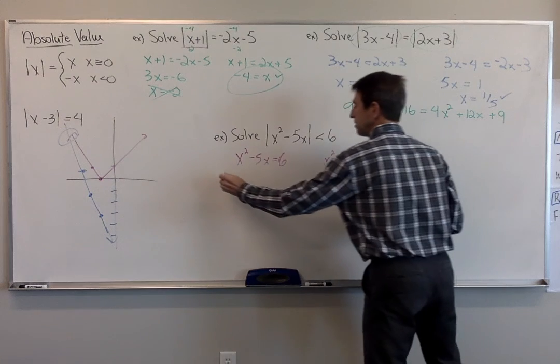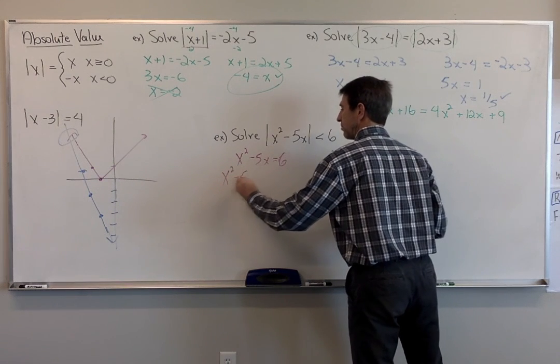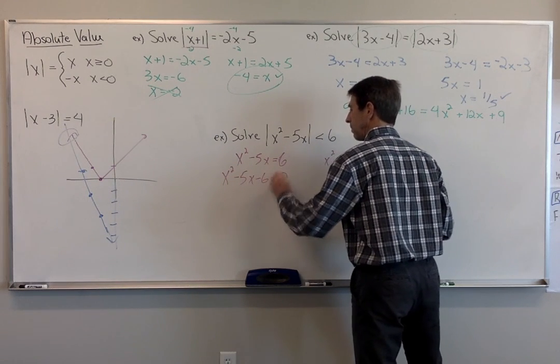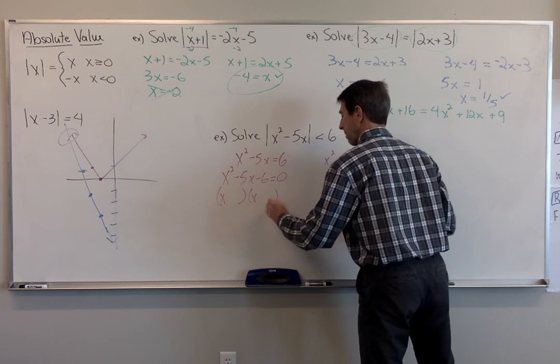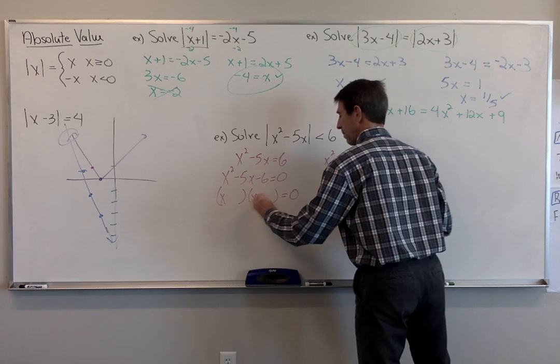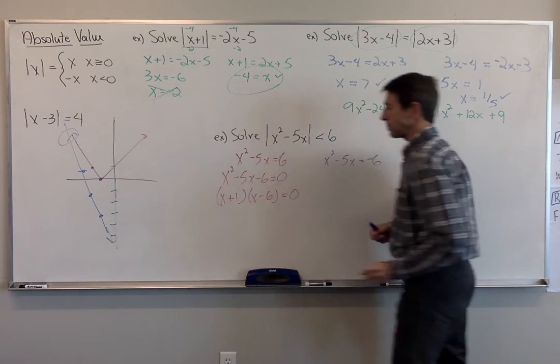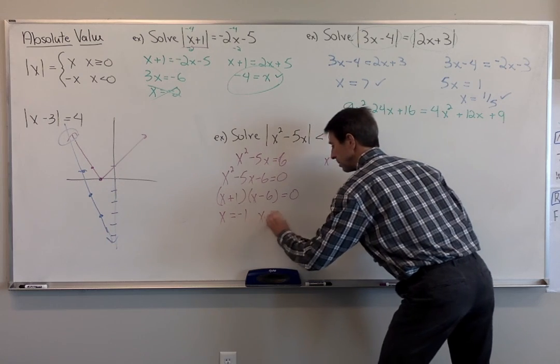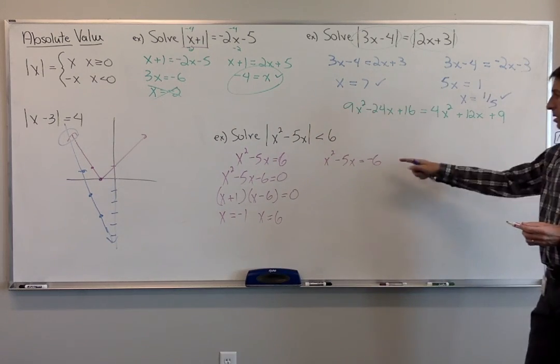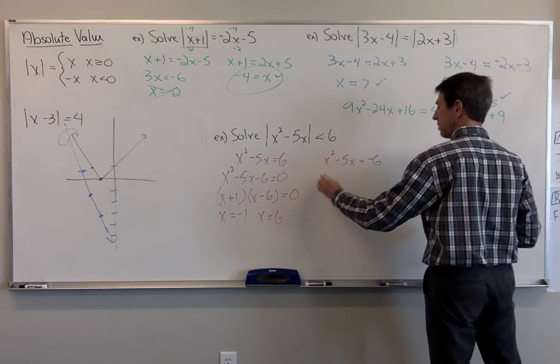If I solve each of these, x squared minus 5x minus 6 equals 0. That does factor. We got minus 6 plus 1. So x is negative 1. x equals 6. This case, same idea.